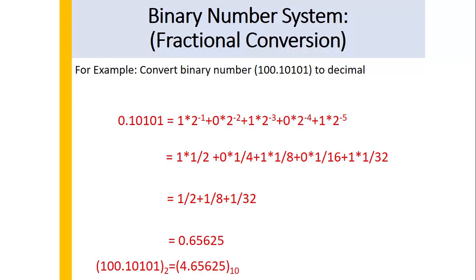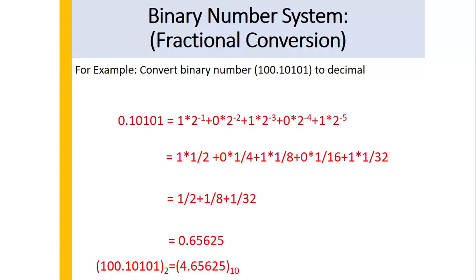Now we'll convert a binary number into a fractional decimal. Let's take the example of 100.10101. As we have already discussed, the portions on the left and the right of the dot are done separately. For the left-hand side, 100 is equivalent to 4. For the right-hand side of the dot, we have 0.10101.